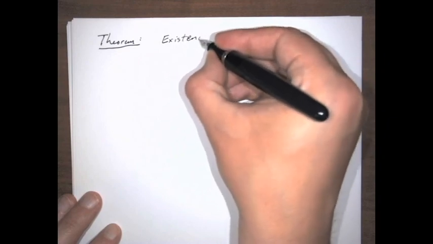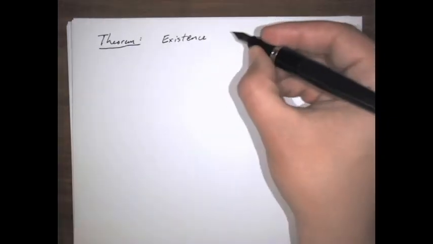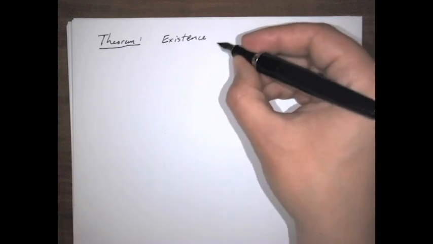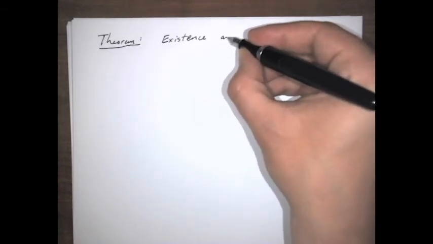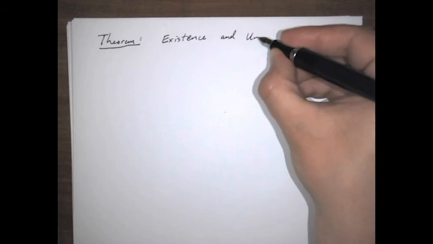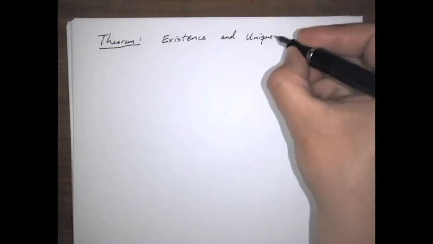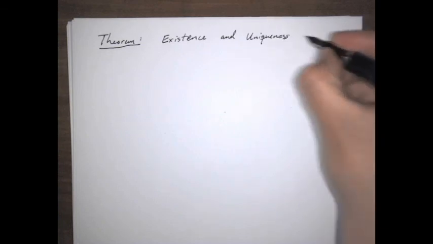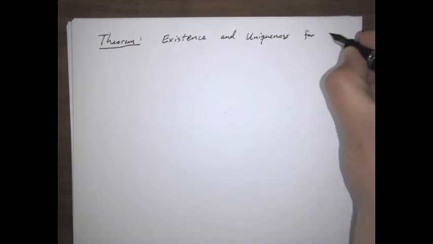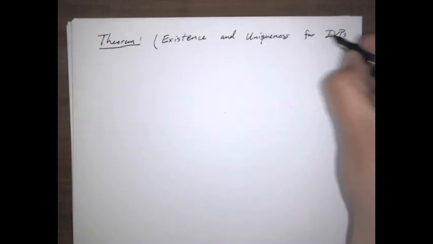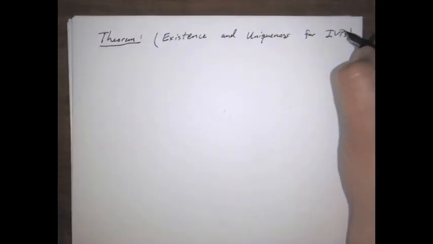So it's going to tell you some conditions where you can guarantee that a solution exists and that it is unique, for initial value problems under these circumstances.